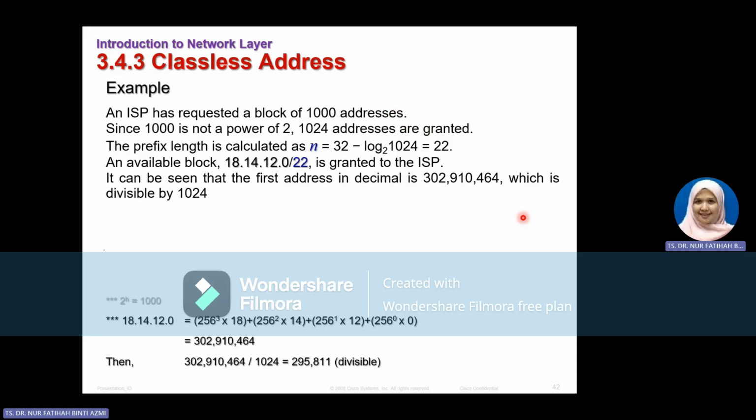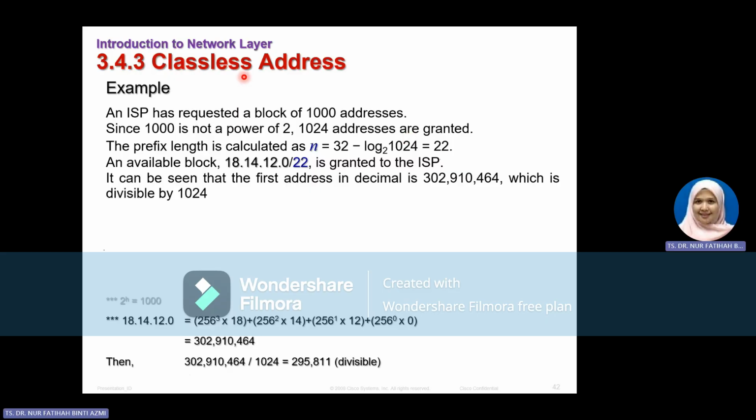We rearrange this equation to solve for n. So n is equal to 32 minus log 2 N, which for N equal to 1024 gives 22. So that is restriction number 1.